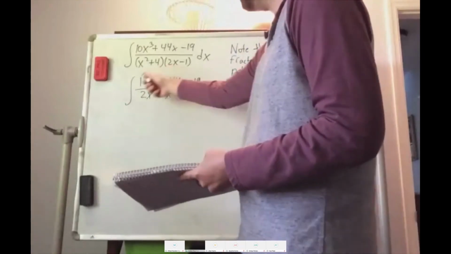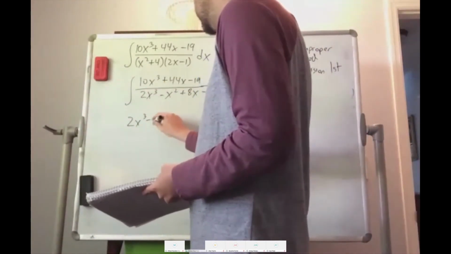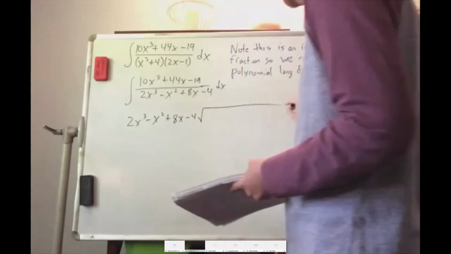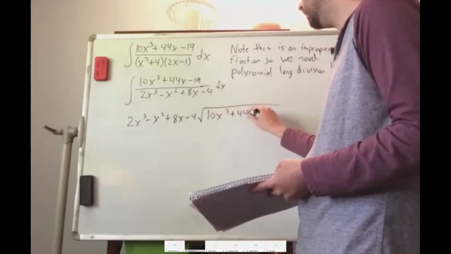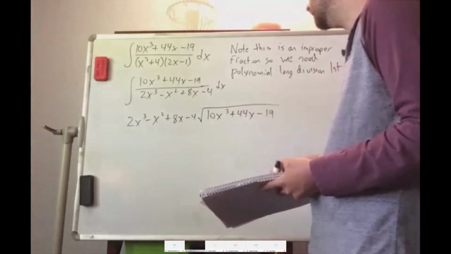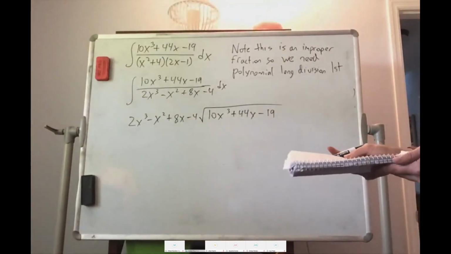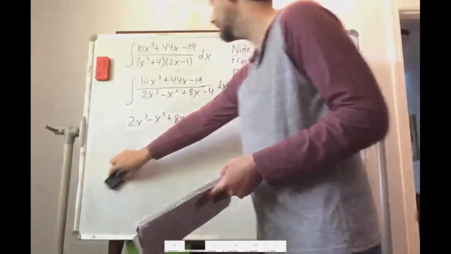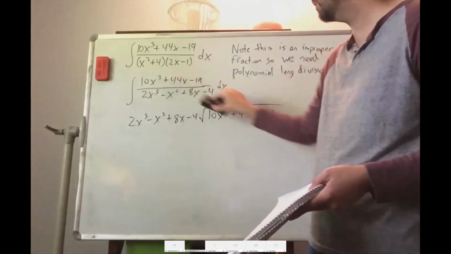This is dividing into this, so it's going to be 2x cubed minus x squared plus 8x minus 4 into 10x cubed plus 44x minus 19. Now, I would suggest to leave placeholder powers of x. Notice that there is no x squared term.